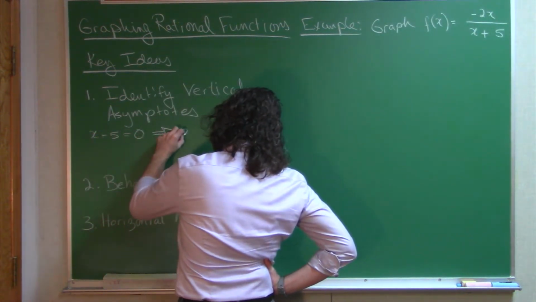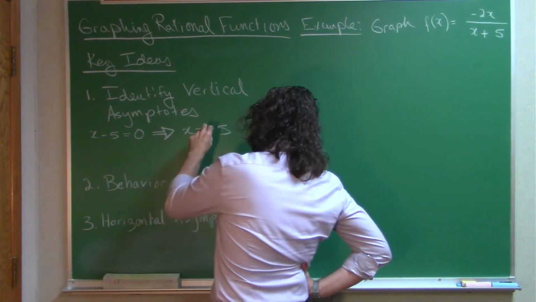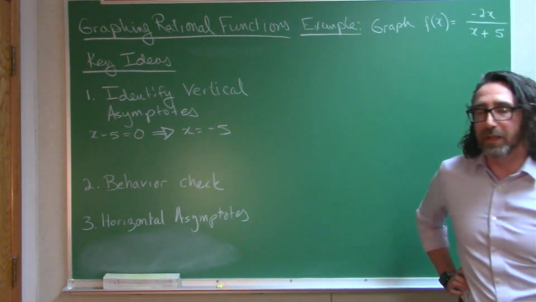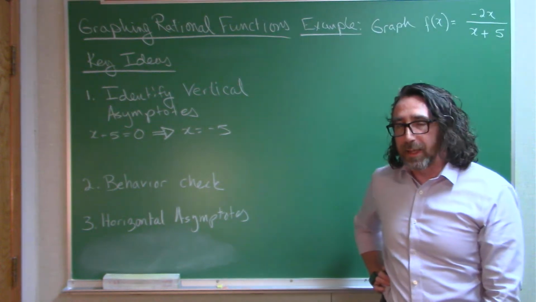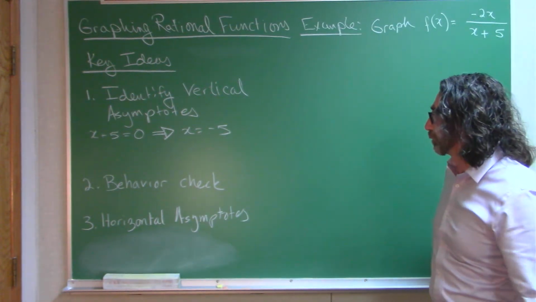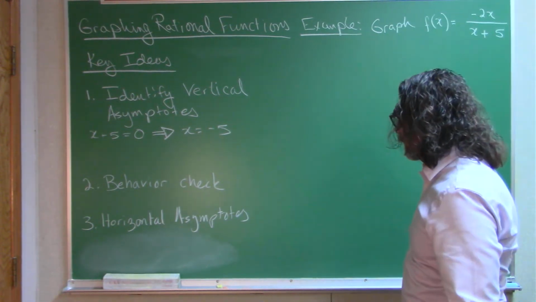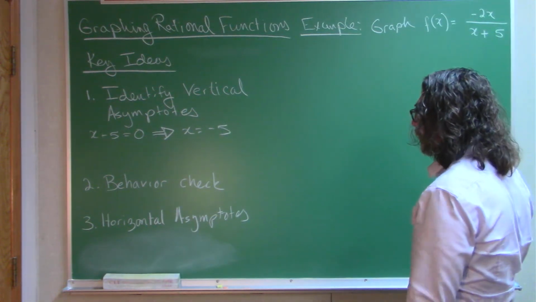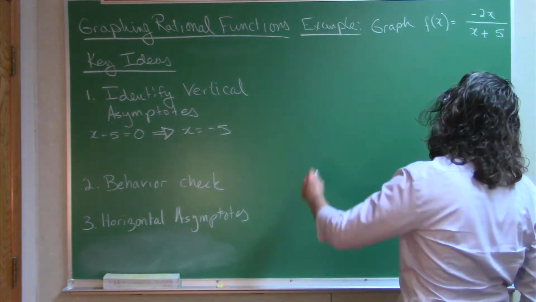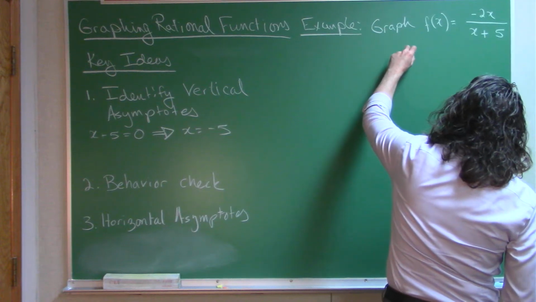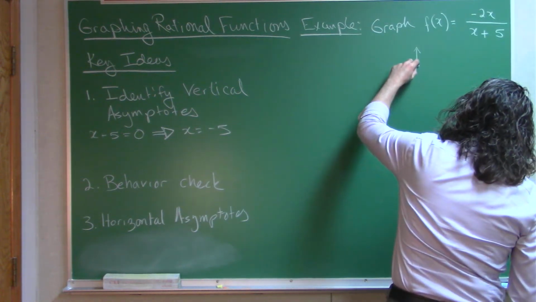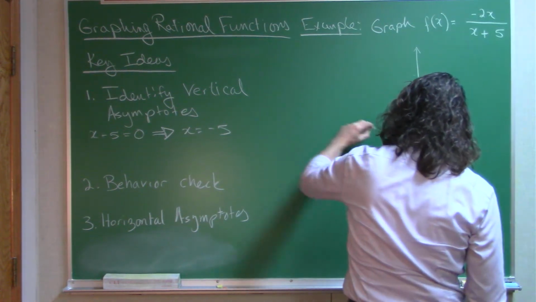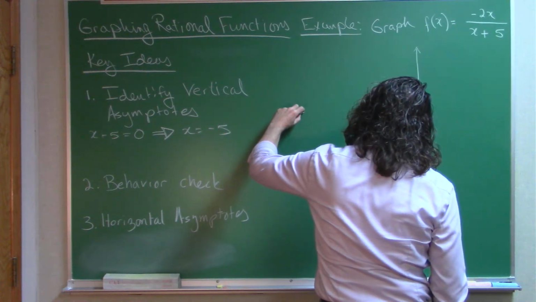Easy to solve. x equals negative 5. So I have a vertical asymptote at negative 5. All right. I'm going to check the behavior of the function at negative 5. I'm also going to start drawing my graph over here, putting in the information that I know.